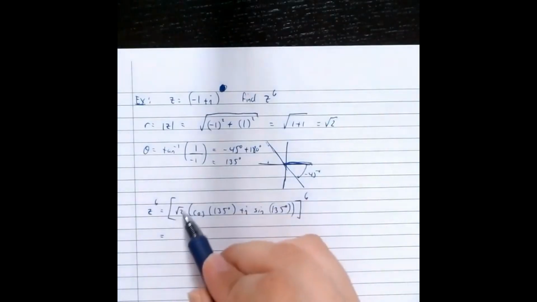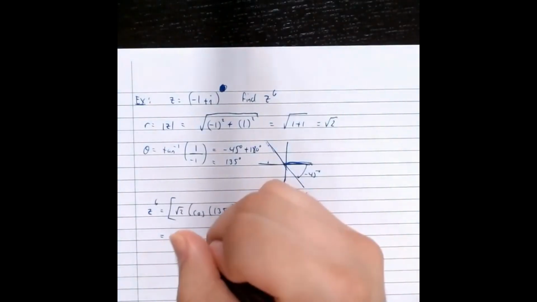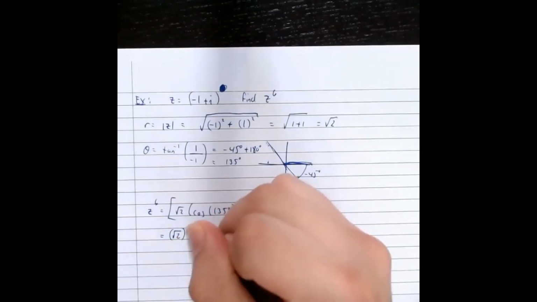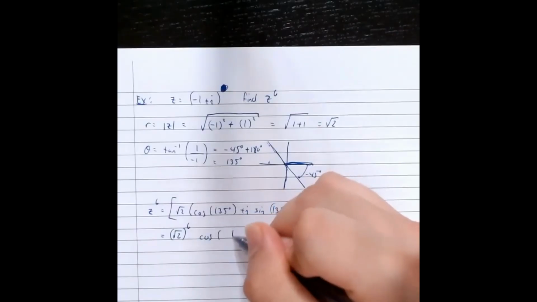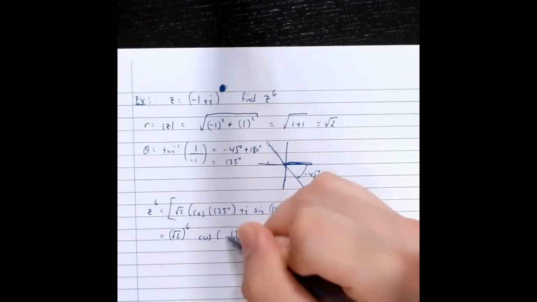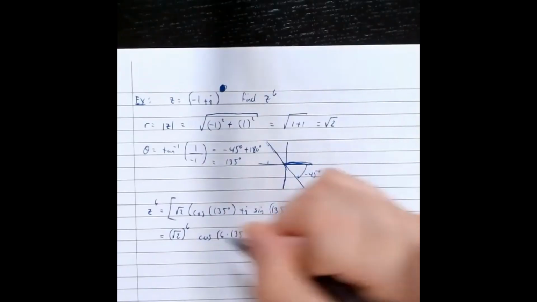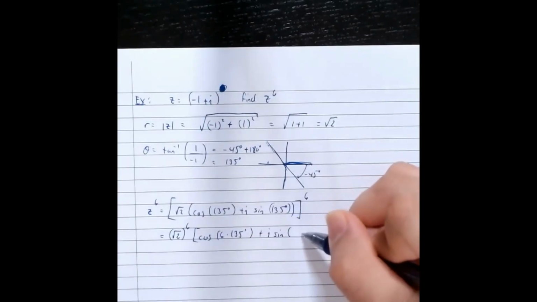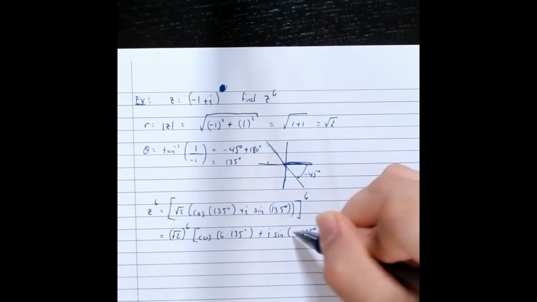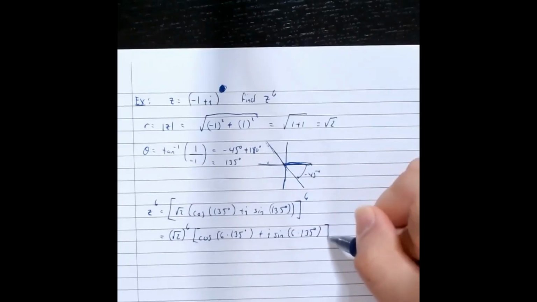All we need to do now is take this modulus and raise it to the sixth power. Separately, we need to take the cosine of your 135 degrees multiplied by 6. Same thing over here, I sine of your 135 degrees multiplied by 6.